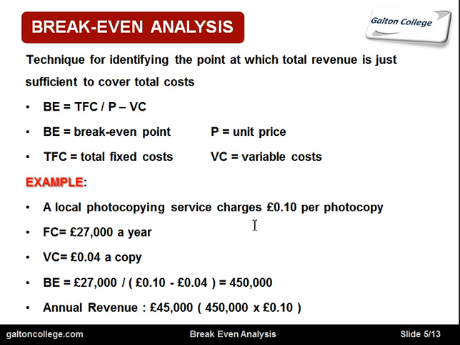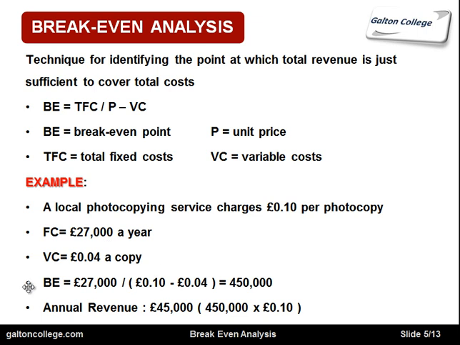And you can see we're making a profit on each one here. Each one produced is making a profit of 6p. 10p less 4p. So 6p profit here. So the more that's produced, it'll eat into the fixed cost.